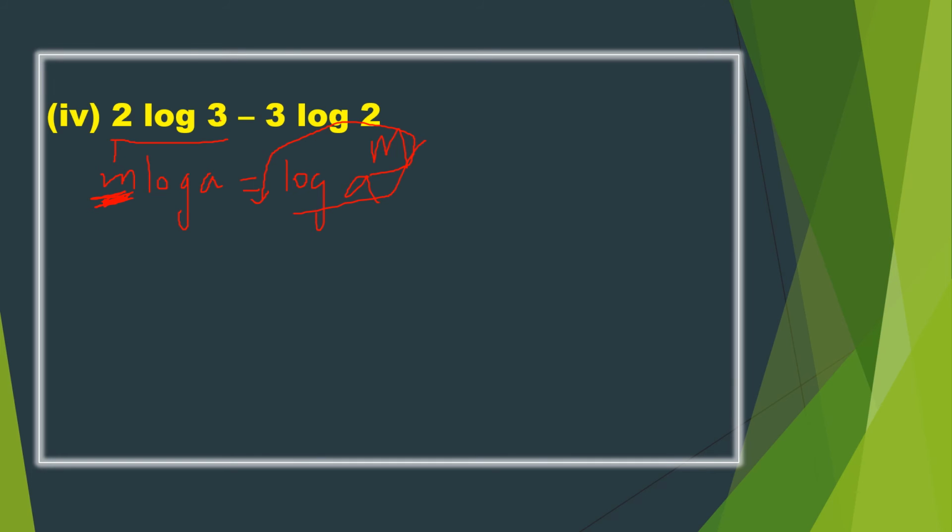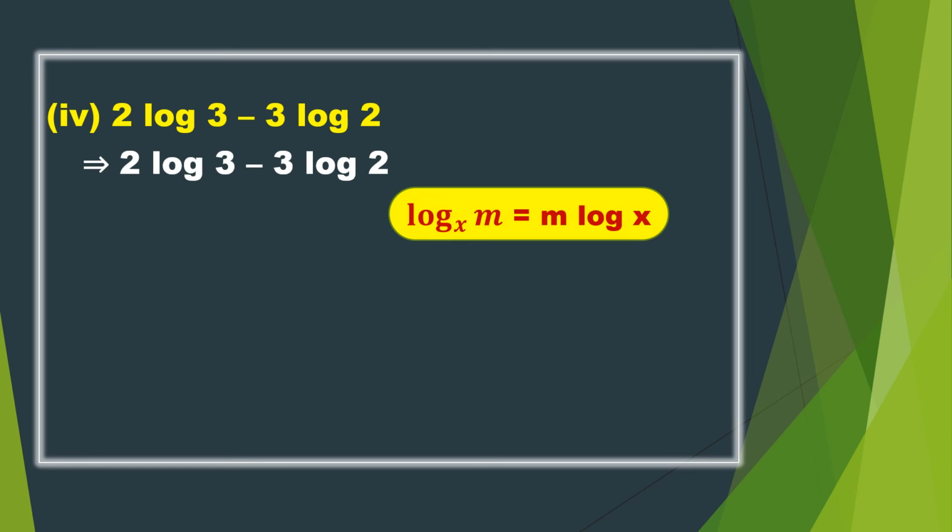Instead of m log a, I can write log a power m, the reverse of your formula, whether it is a or x, whatever it is. So here this 2 will go as a power, and here 3 will go as a power. Whenever the question is given in this form, you should write it in this way.